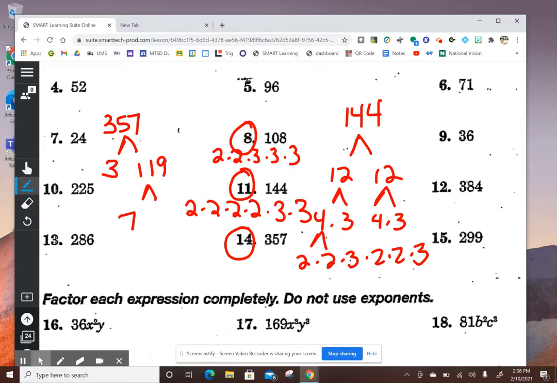Now, you always have to check for 7 and 11. Those tend to be numbers we don't know by heart. But 7 times 17. So this is 3 times 7 times 17. So always check 7 and 11, see if that works. Okay, that's all we're going to do with this. So we're going to go ahead and stop the video.